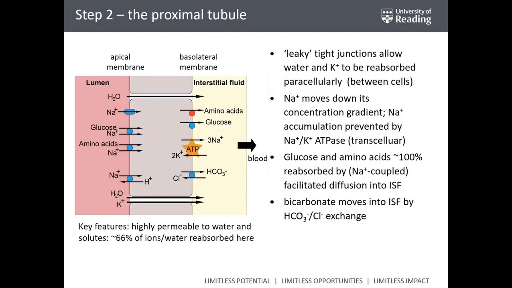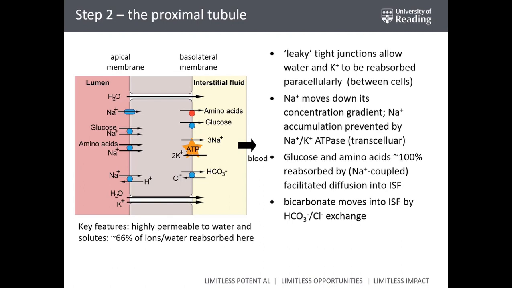So in the proximal convoluted tubule, we do have mostly four characteristics. The first one, as I mentioned, but as I said, I will repeat the concepts that are important. We do have leaky tight junctions, okay, between epithelial cells. These junctions are actually so leaky that they allow the passage of water, but not only water, even potassium, okay?